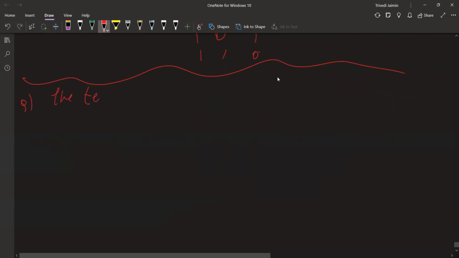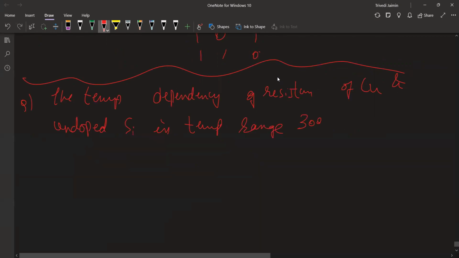The temperature dependency of resistance of copper and undoped silicon in the temperature range is best described by which option?